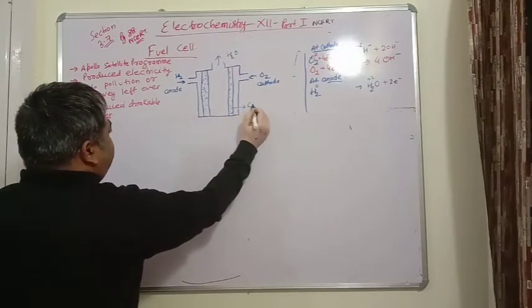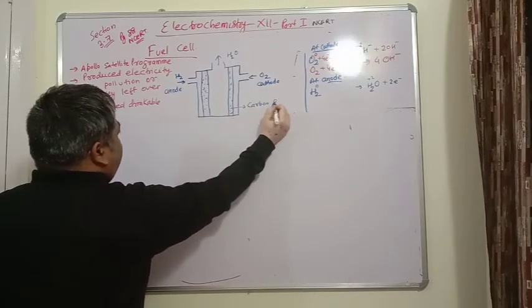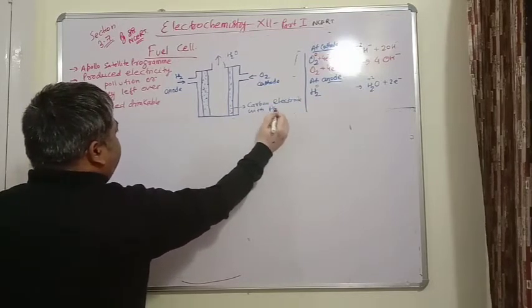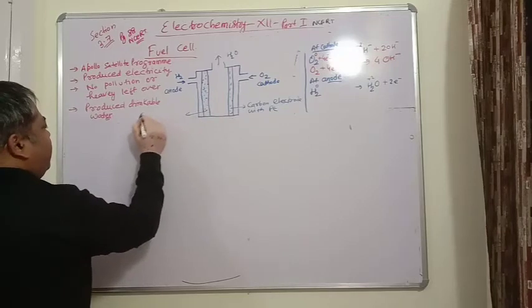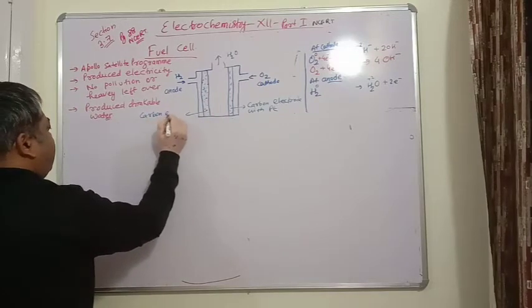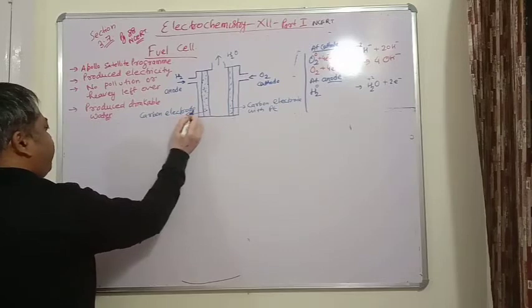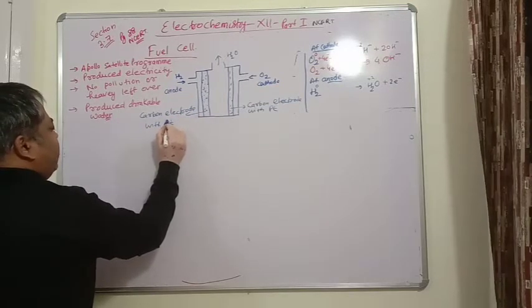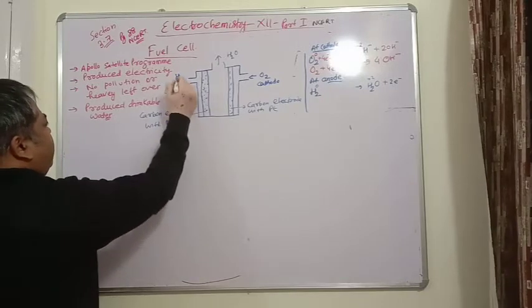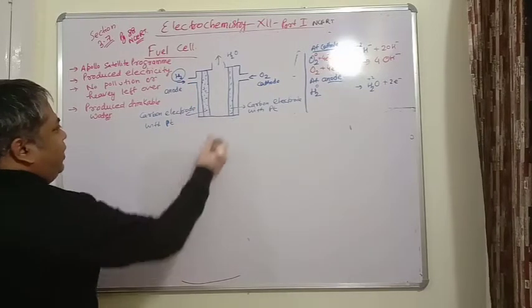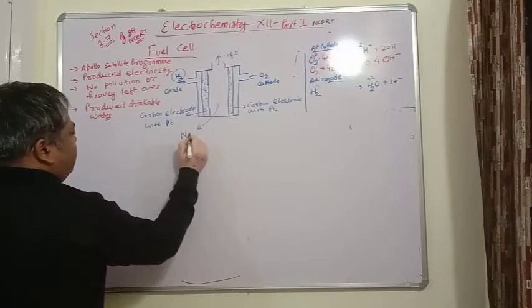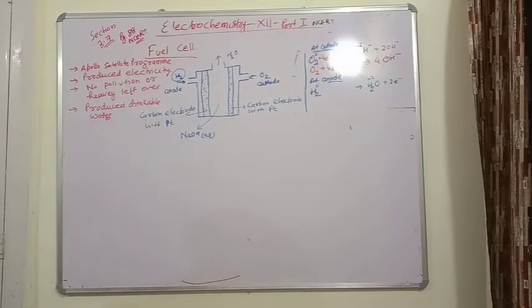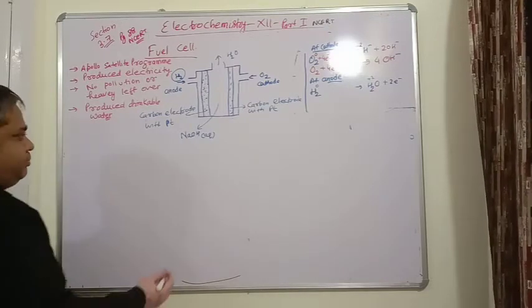So this was carbon electrode with platinum, same both sides, carbon electrode with platinum. Platinum acted as a surface catalyst, it absorbed hydrogen gas, and the electrolyte which was used was aqueous NaOH. That means the redox reaction took place in basic medium.